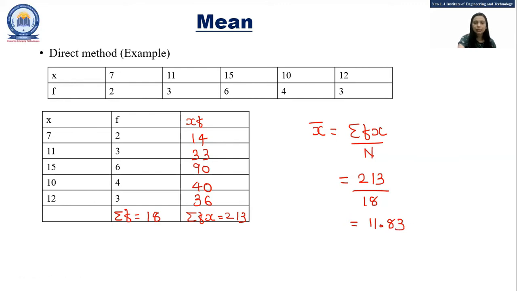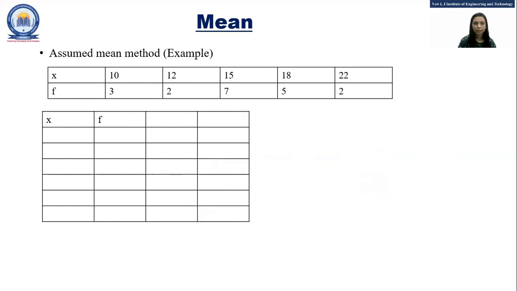Now let's understand the example through the assumed mean method. So here the x and f are given. Let's write down the observations that are given over here. And the values of f are 3, 2, 7, 5 and 2.